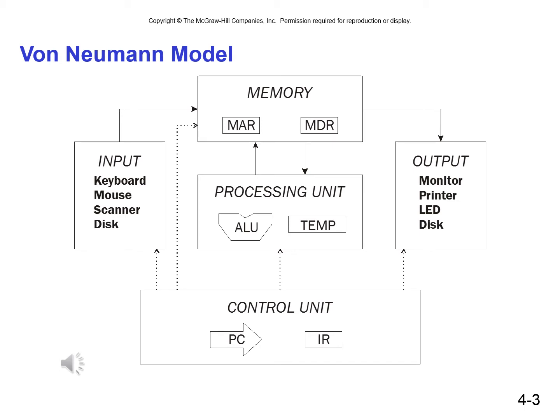So what does that mean? In the case of the LC3, the simulator we're going to be using, everything within the processing unit, the arithmetic logic unit, and all the temporary storage used to assist with processing data, is 16 bits wide.